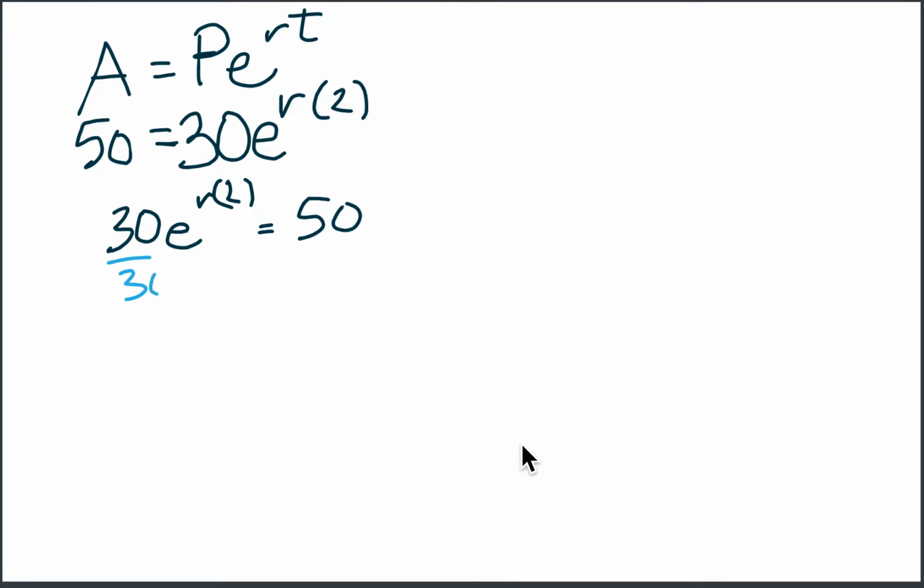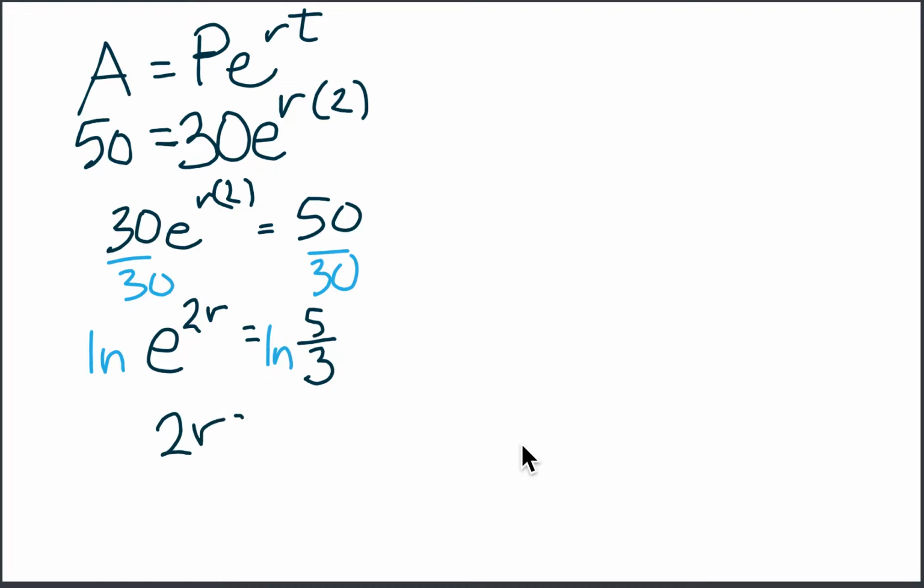All right, let's divide by 30. e to the 2r equals, I'm just going to leave this as 5/3. Natural log both sides. 2r equals the natural log of 5/3.